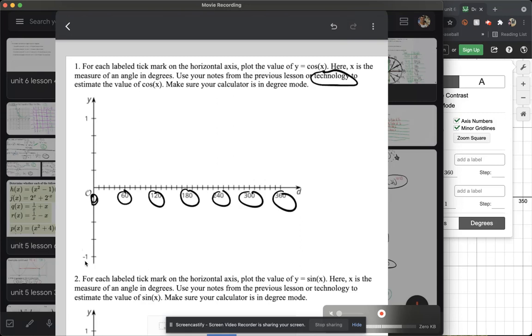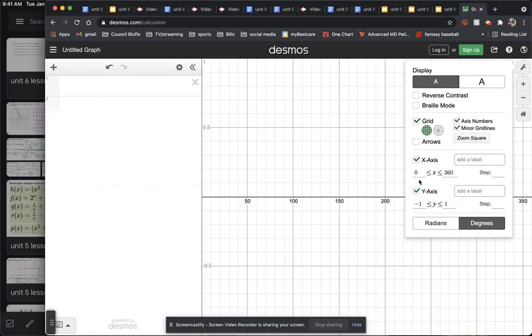So notice the x values go from 0 to 360, and the y values go from -1 to +1. My x values 0 to 360, my y values -1 to +1, and you should do that in your graph as well.